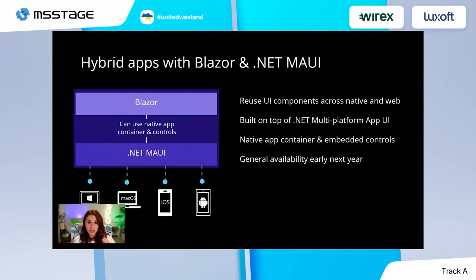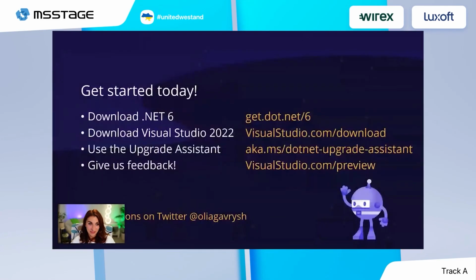So that is .NET MAUI and WebView2, the control that I told you about before, and your web inside that WebView2 inside .NET MAUI. And the scenarios will also be supported when .NET MAUI releases early next year. So now it's also in preview, but you can already see it working.